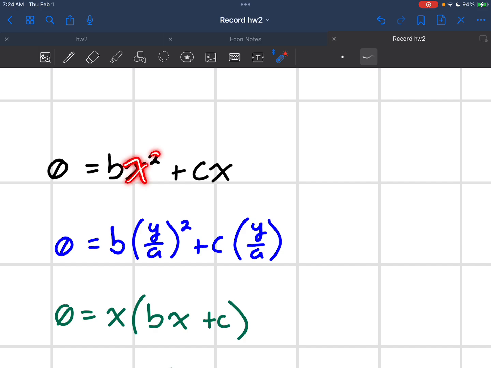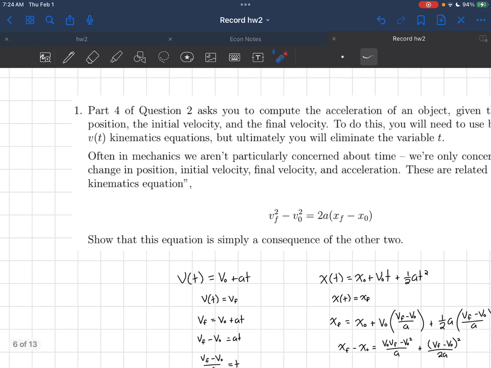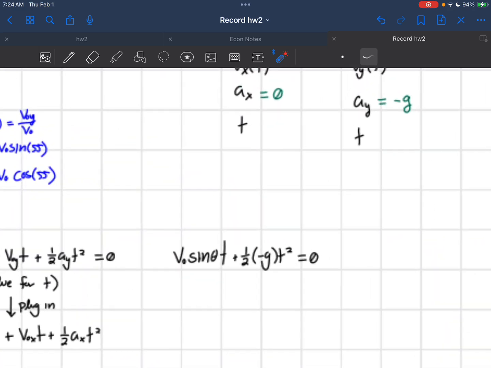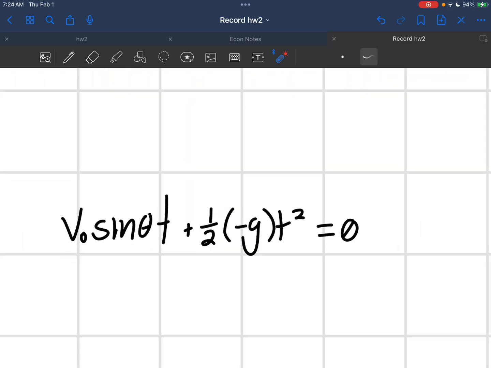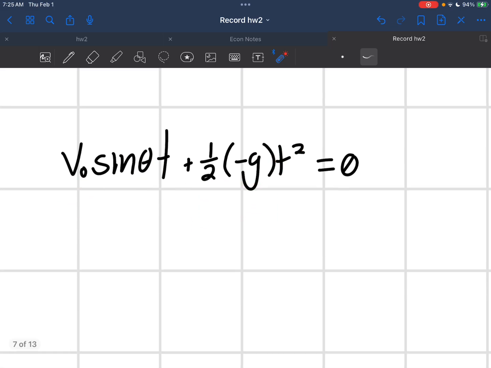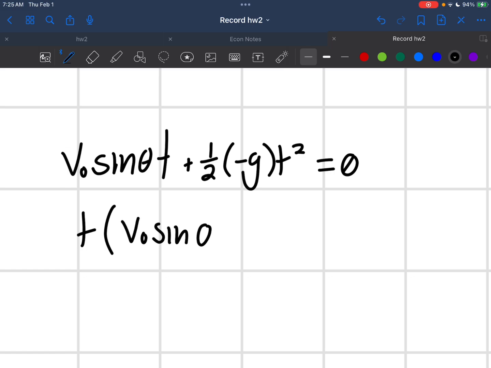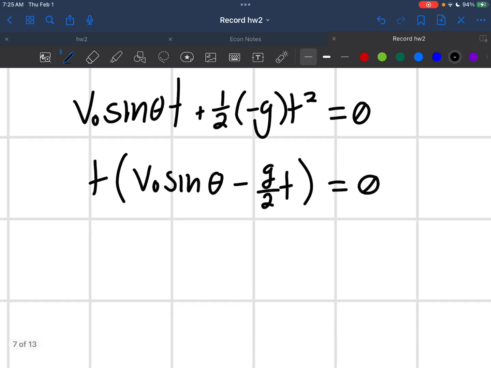I had something times x squared plus something times x. Well, now I have something times t squared plus something times t. So same exact thing I did before. I can factor out t and say that t times (v naught sine theta minus g over 2 t) equals 0.